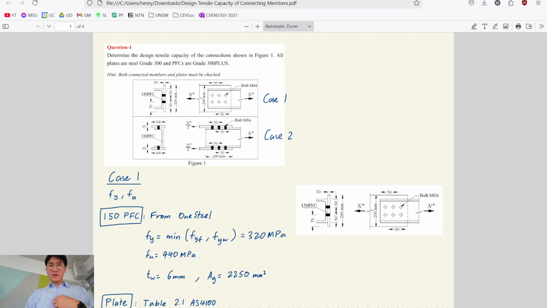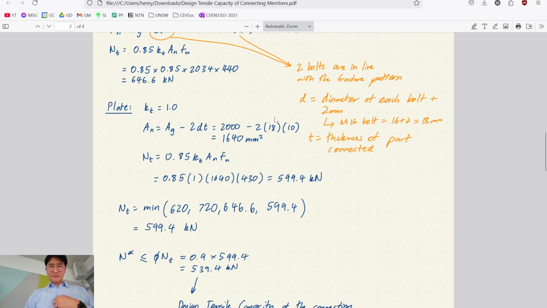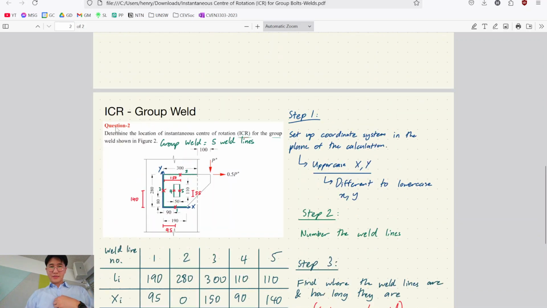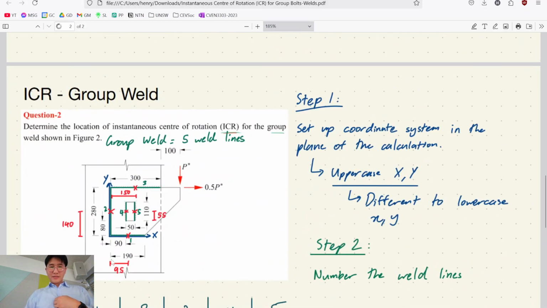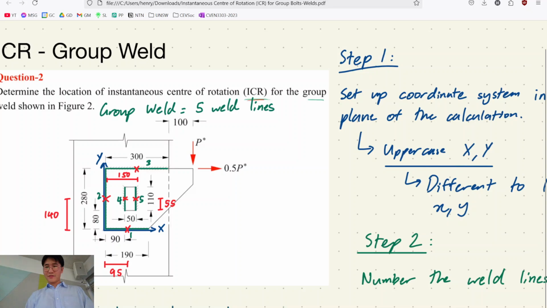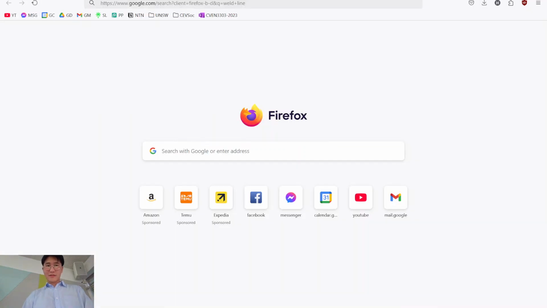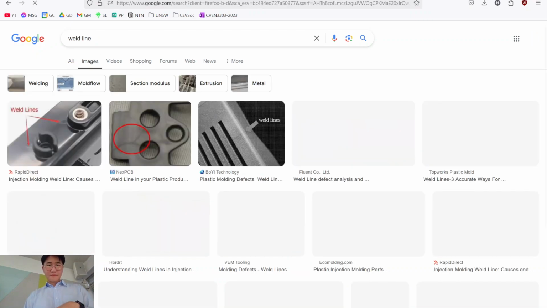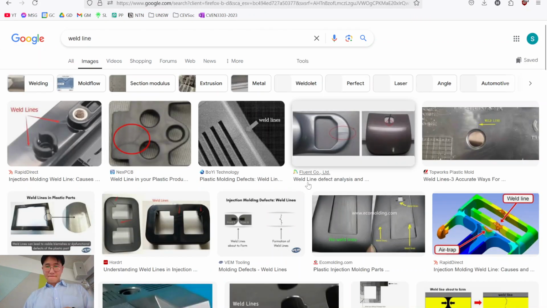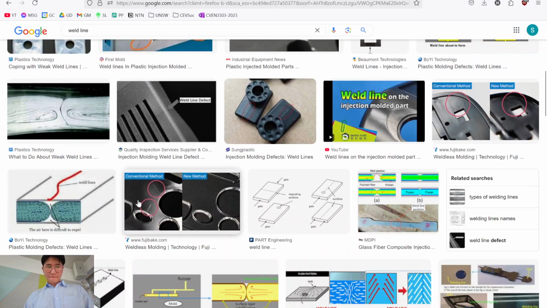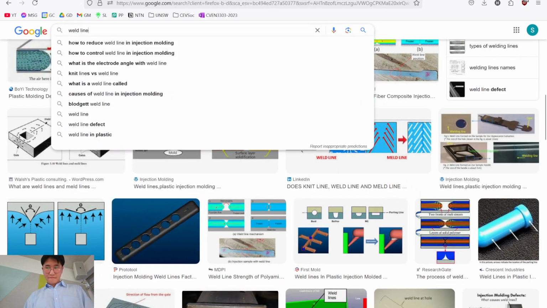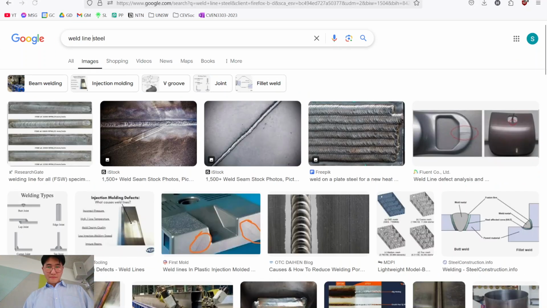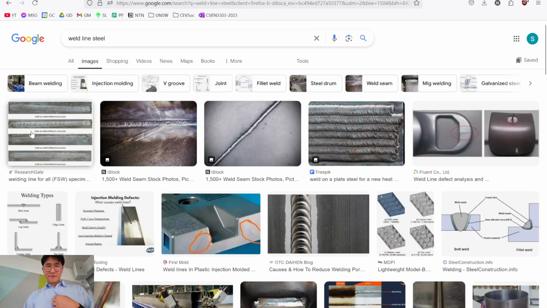The other one is welds. Group bolts, weld. Have you guys seen welds in real life? I'll just pull up a picture. Welds look like this.